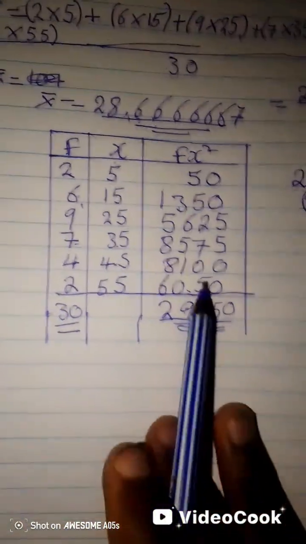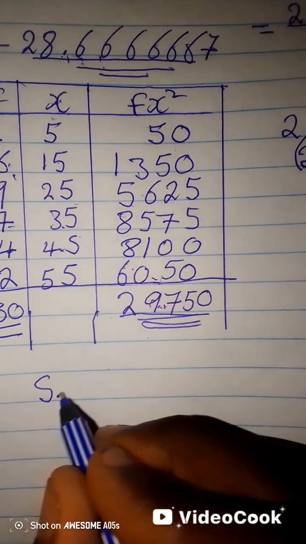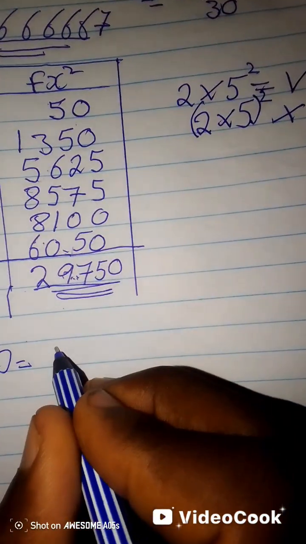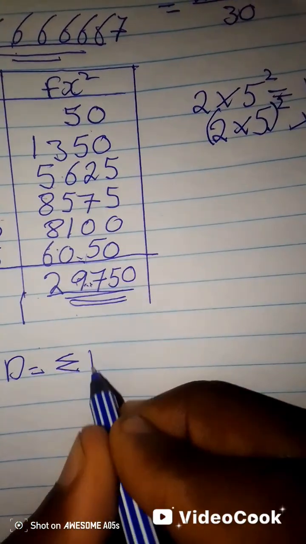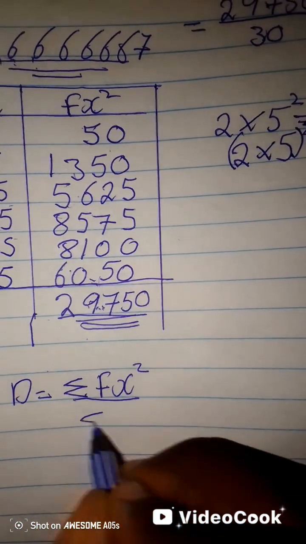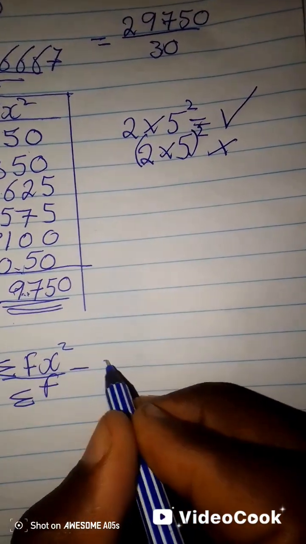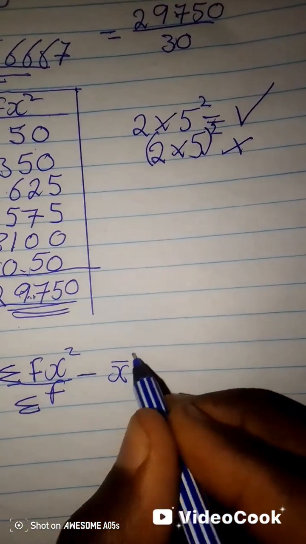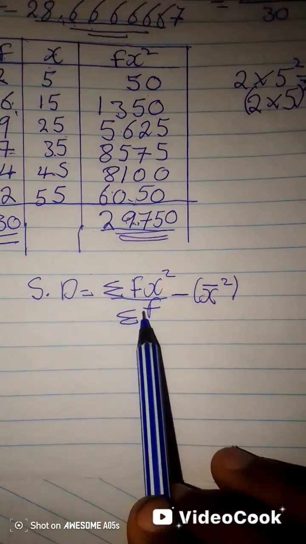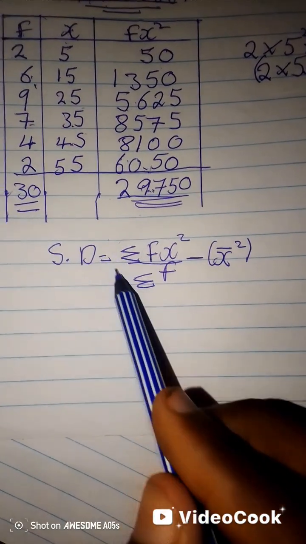After finding this answer, now you write the formula for grouped data. So standard deviation is equal to, so this is the formula we use. This symbol represents sum.